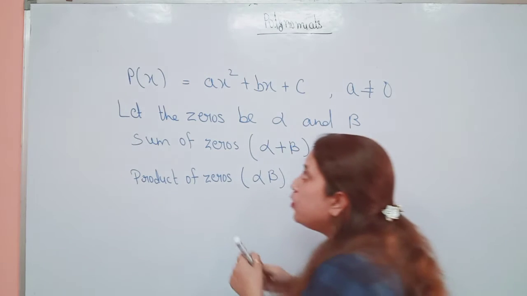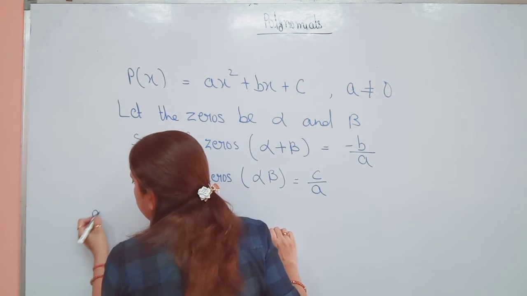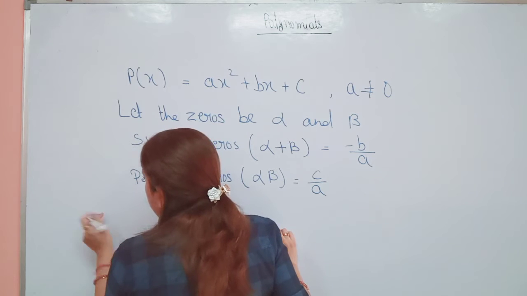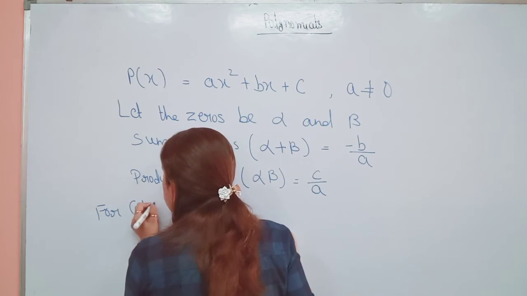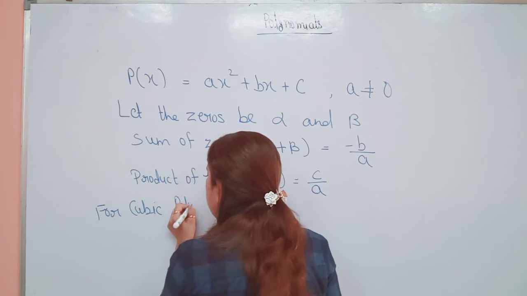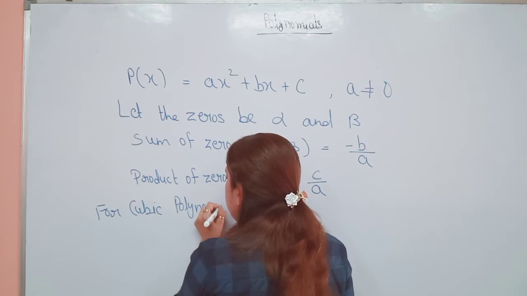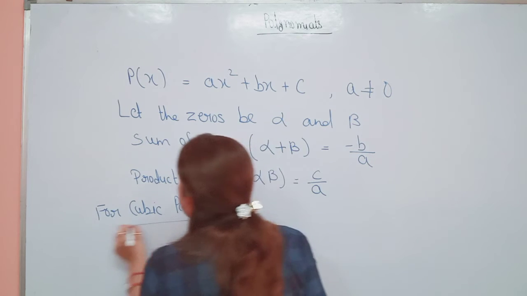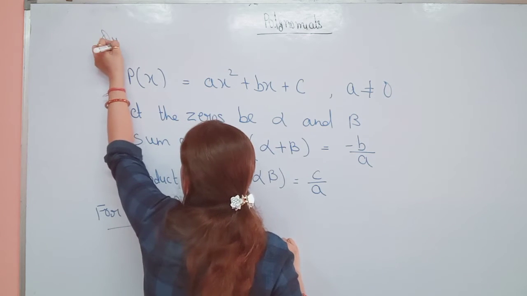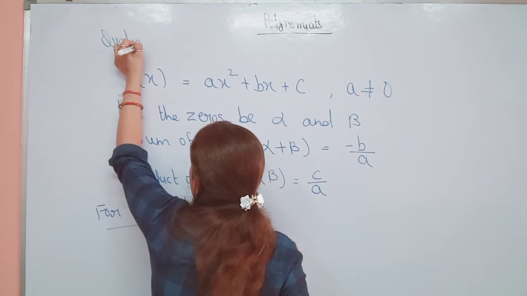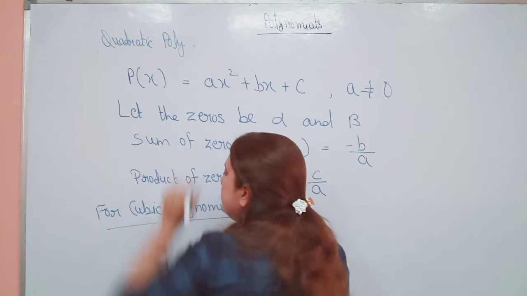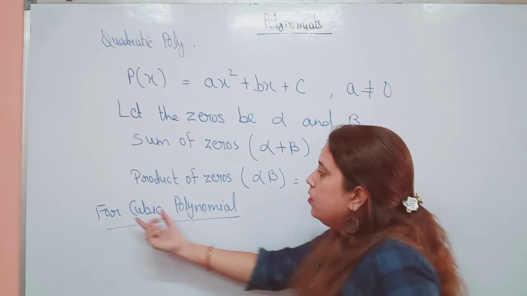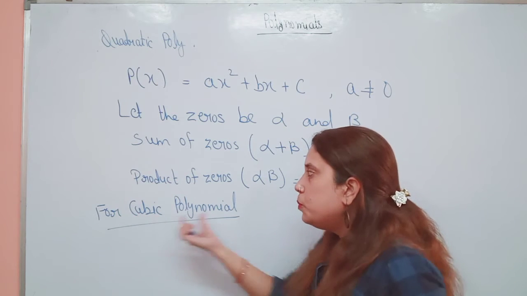Now let's see for a cubic polynomial. This was the quadratic polynomial, and now we find for the cubic polynomial.